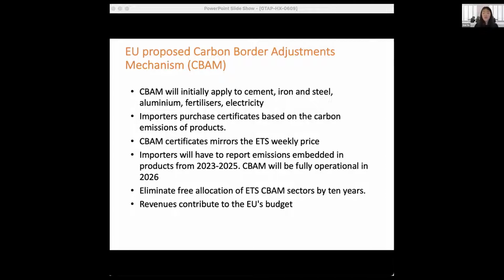The CBAM certificate price will mirror the ETS weekly price, and this will be fully operational in 2026. At the same time, the EU will eliminate free allocation of ETS in the CBAM sectors, decreasing by 10% per year over 10 years. And finally, the revenues of CBAM certificates will be contributed to the EU budget.